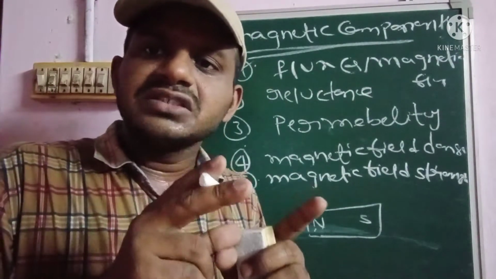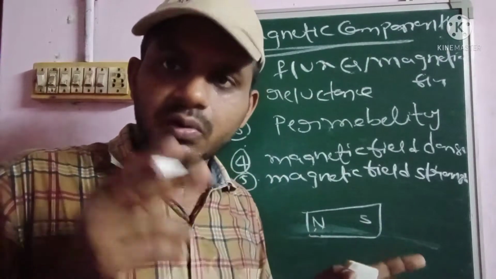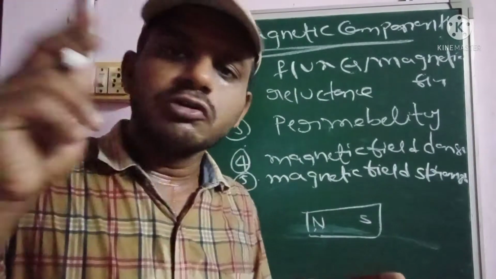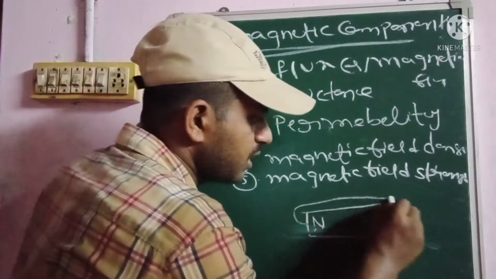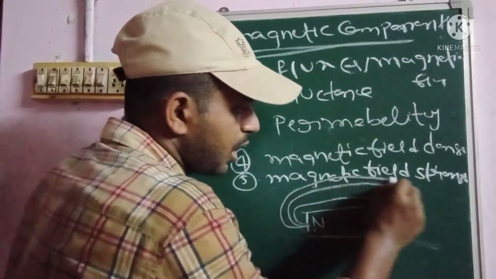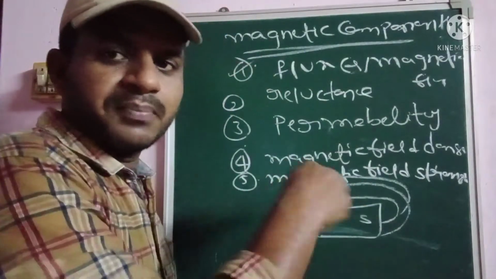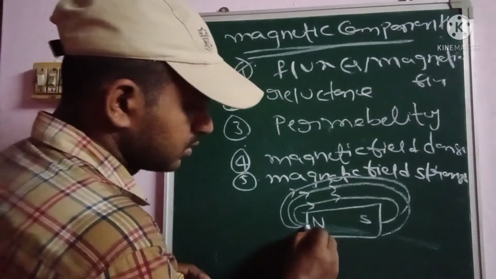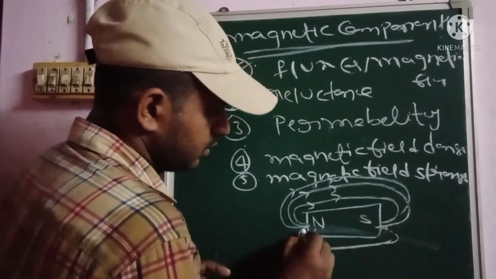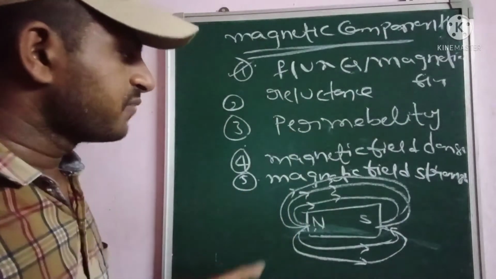So the flux flows like this, from the north pole to the south pole, always.